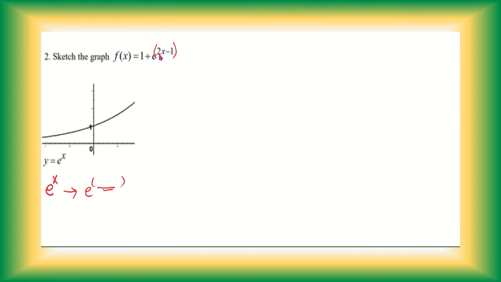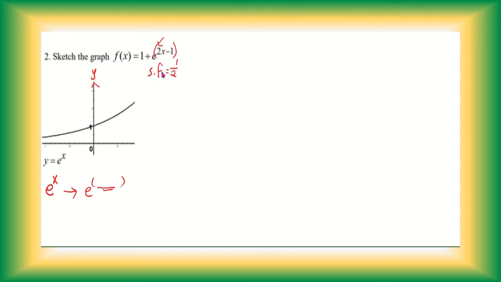So this 2 means we need to carry out the enlargement by using scale factor equals 1 over 2 because this is the 2. Then the center is the y-axis.